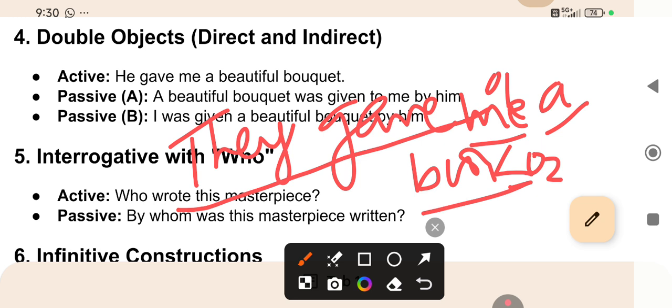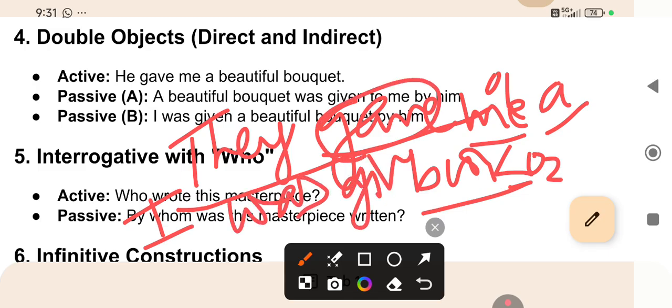In the first passive voice there will be two passive voices. In the first, I and gave, because of gave, was; gave becomes given, a book by them. The sentence will be I was given a book by them.